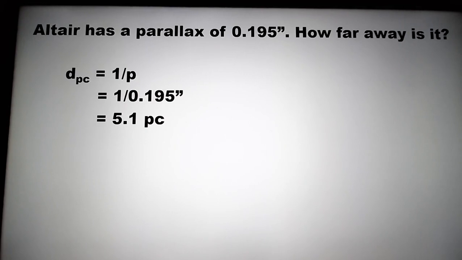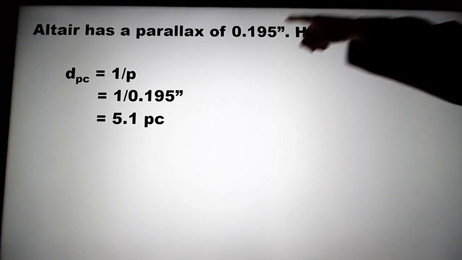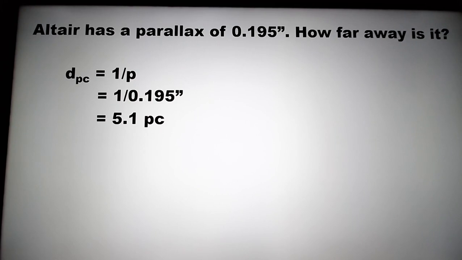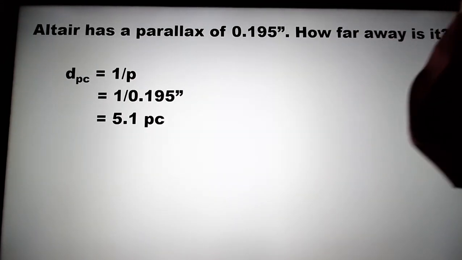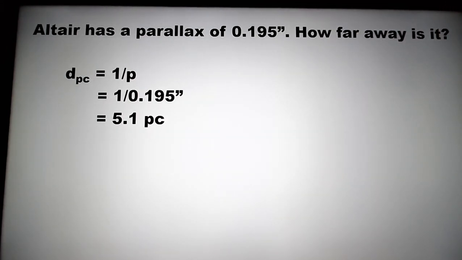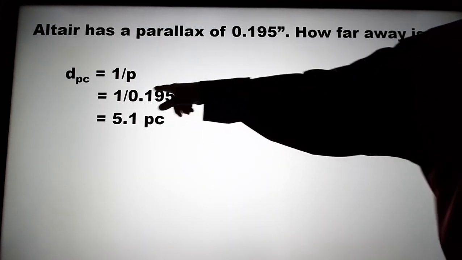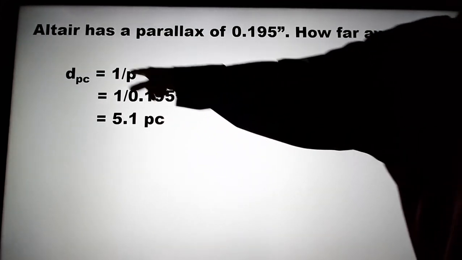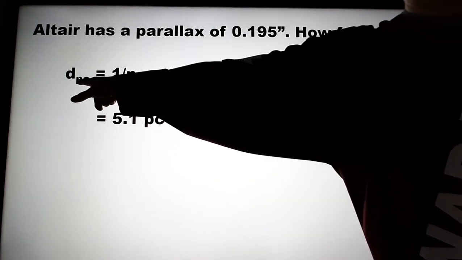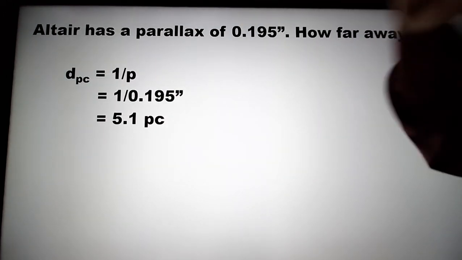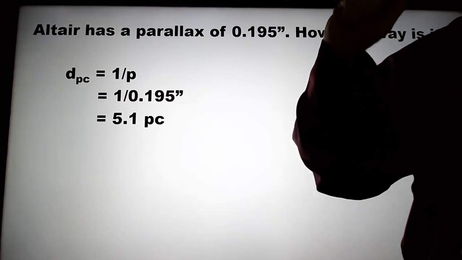I am asking you to use deductive reasoning from a general concept and the specific detail that the parallax of Altair is 0.195 arc seconds to give me another specific detail, which is the distance of Altair. And you're using that by combining this specific detail with the general concept that the distance for any star in parsecs is equal to 1 over the parallax.